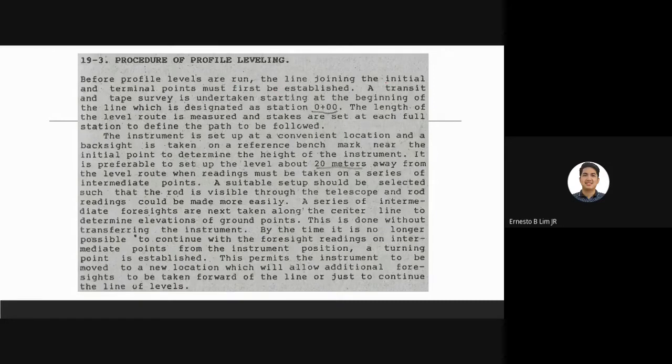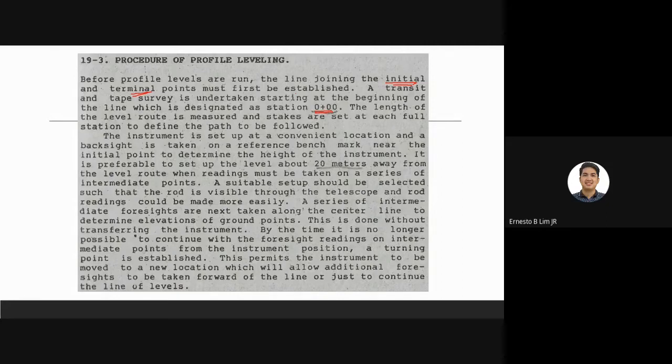Meaning you must have an initial point or your starting point, then your terminal point or your end point, for you to know the possible route of your profile. A transit and tape survey is undertaken starting at the beginning of the line, which is designated as station 0 plus 00. So this would be your starting station.